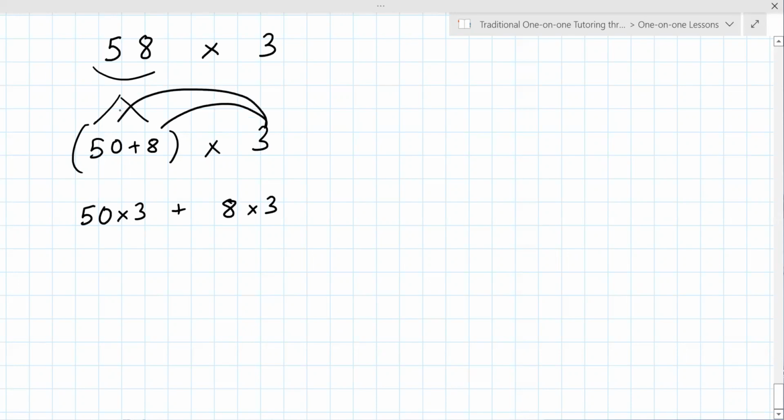Okay, we've been doing a bunch of problems like this. That's the assignment for today. I want you to do this one on the left here. What is 50 times 3? 150. Good.